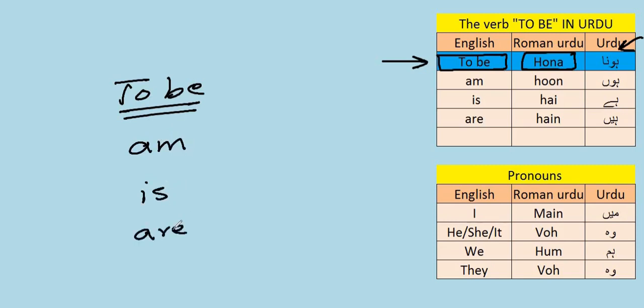These words we use from the verb to be according to our need. So now to be in Urdu is equal to hona. In Urdu script we write hona in this way, as you can see here in the table.